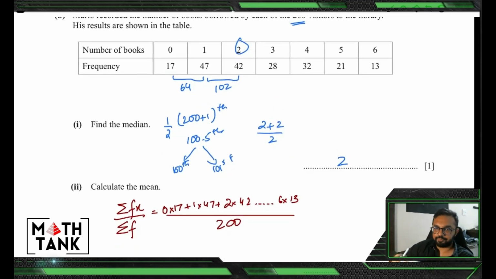Once you get the total, it's best to write down the total as a fraction and then divide it. 526 divided by 200. It's 2.63.